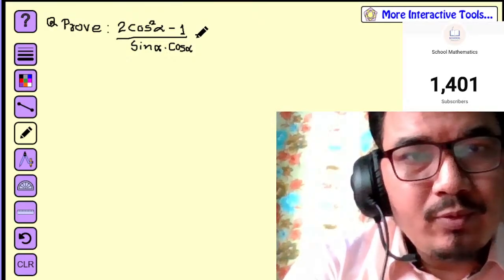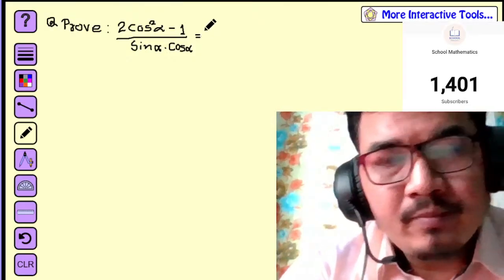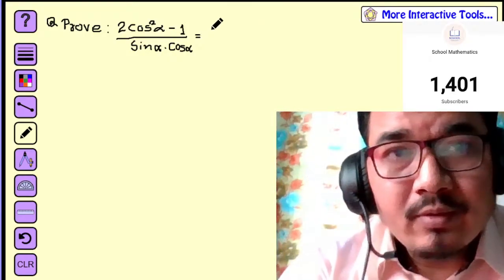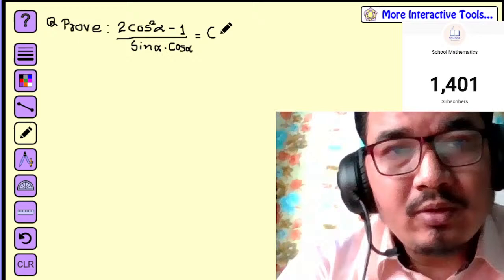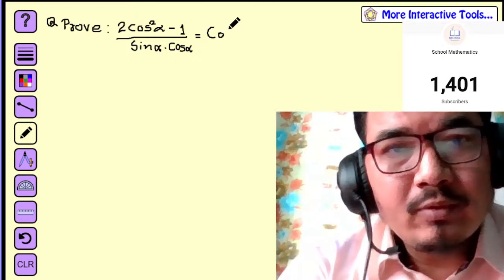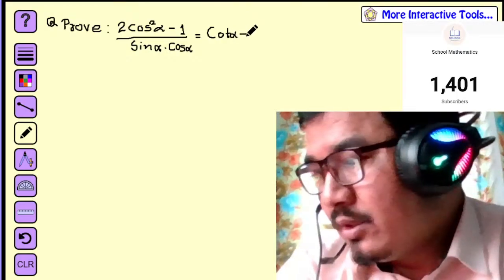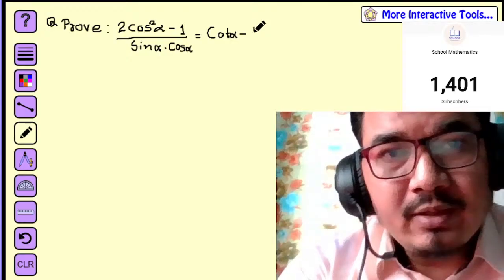And we have to prove that its result is cot alpha minus tan alpha.